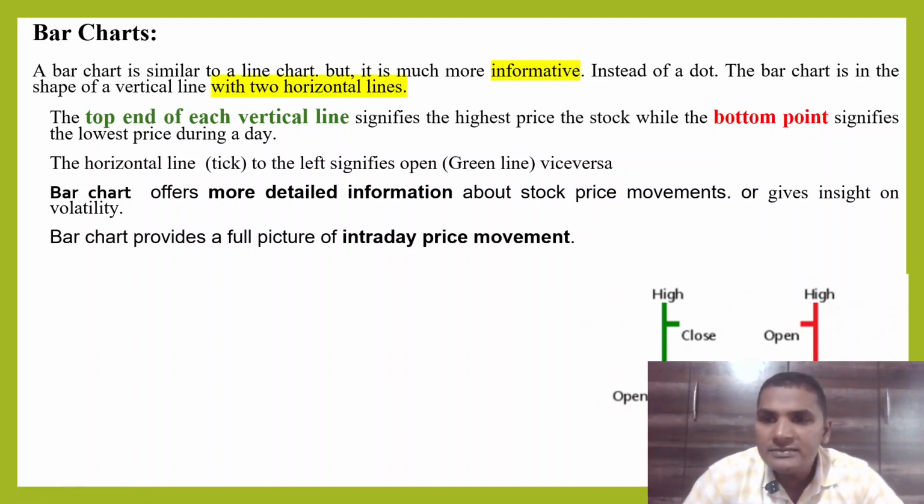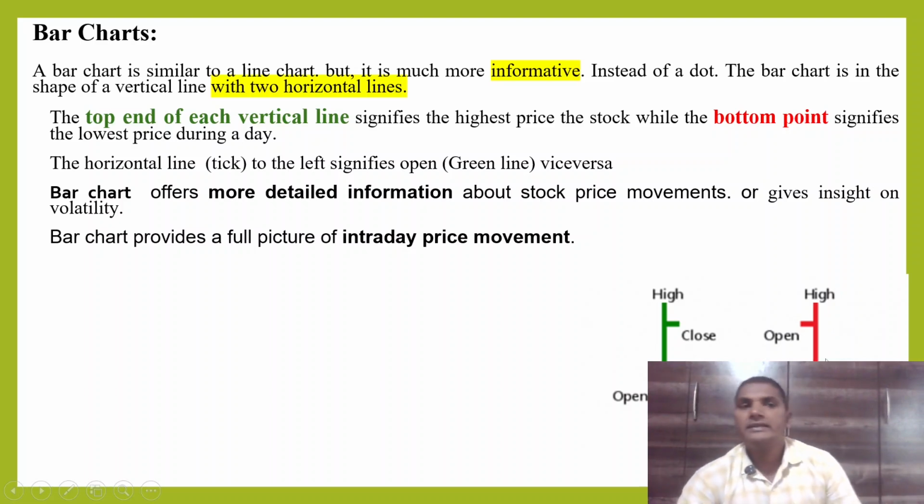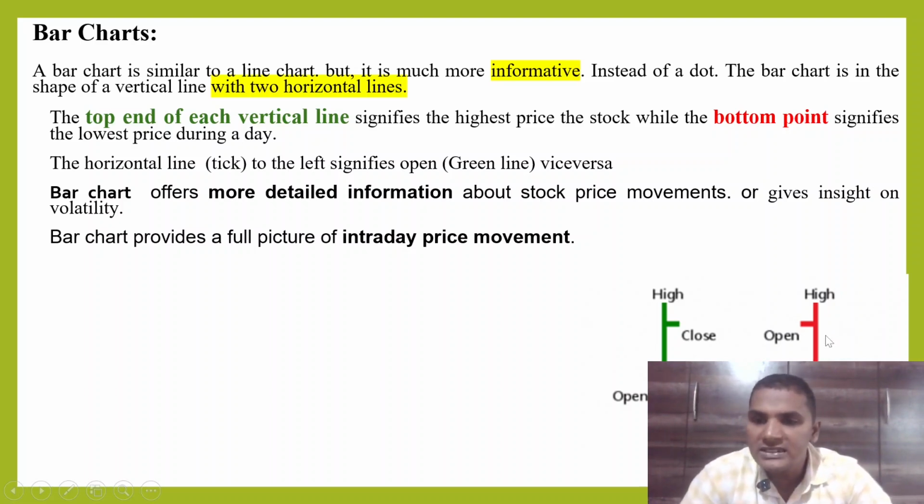Then second is the bearish bar chart. You can see here in the bearish bar chart also, there are four important components. The top of the vertical line is the high price, the bottom of the vertical line is the low price, but the difference from the green bar is that the price opened at high, suppose the price opened at 100 and closed at around 60 rupees.